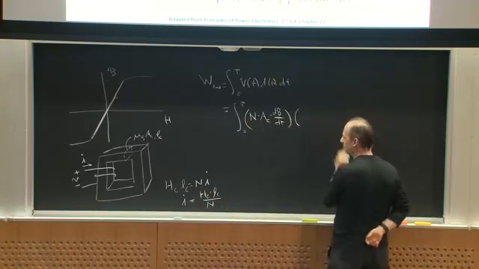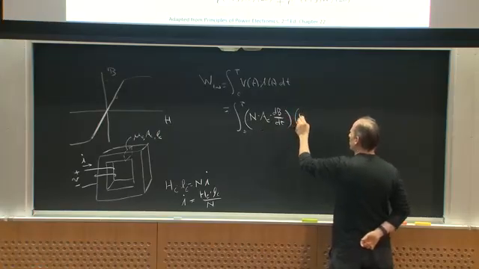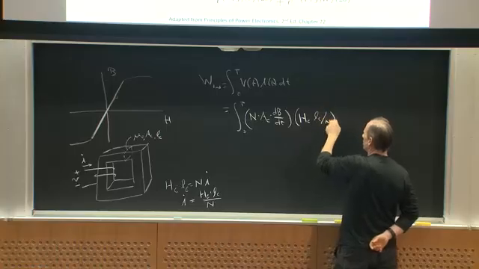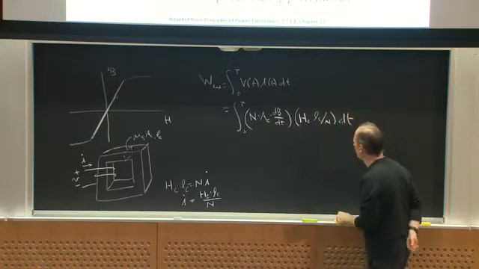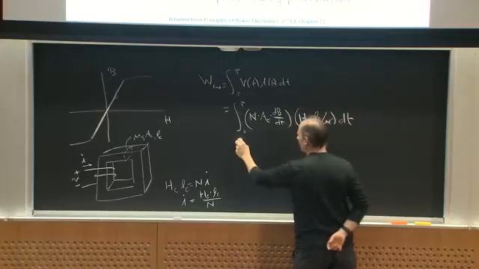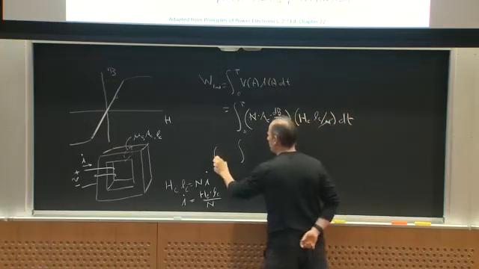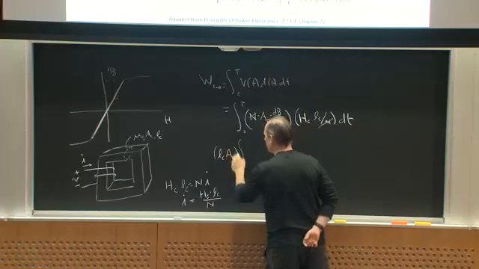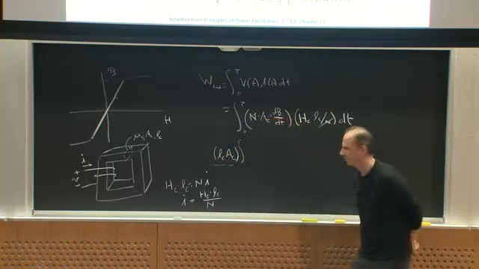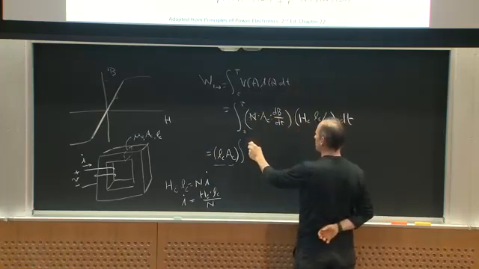So then I could write I of t as being equal to HC times LC divided by N dt. Okay, so let me cancel out the N's here, and let me isolate. I could write this as, let me take out LC and AC, the length of the core times the area of the core. This is just the volume of the core here, right? Times the integral of HdB.